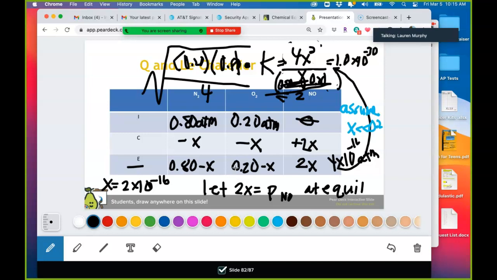So basically, as we had recognized with such a small K, at equilibrium, it's basically all reactants and very little product. 0.8, 0.2 atmospheres, and then 4 times 10 to the negative 16th atmospheres for my product. Very little product at equilibrium.